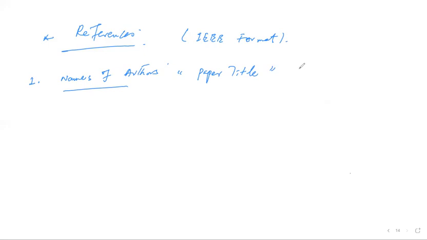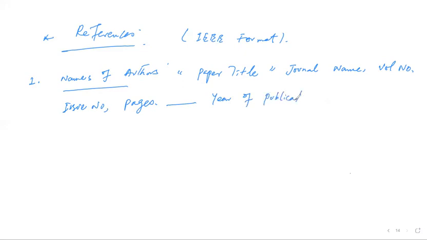Then, if for example it's a journal paper, you have to provide the journal name, volume number, issue number, pages, and then year of publication, for example, 2022. So this is for a journal paper.